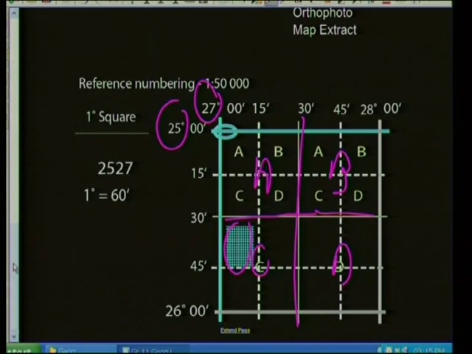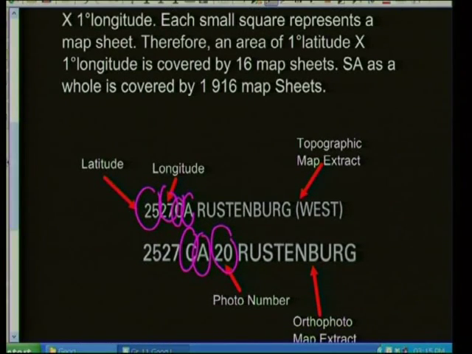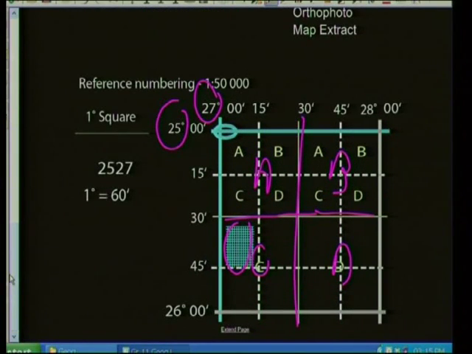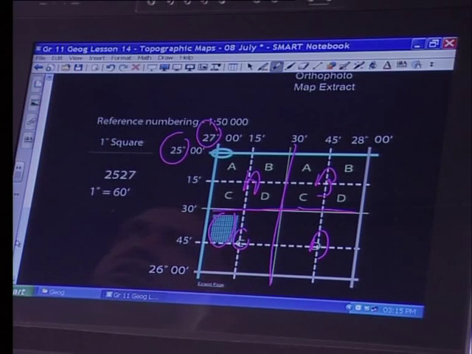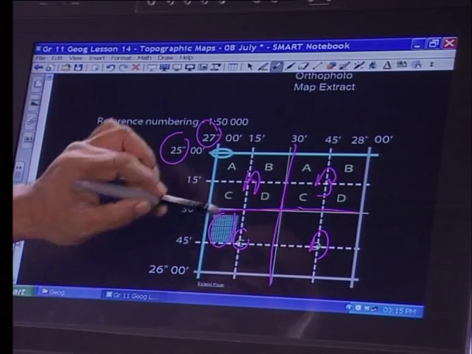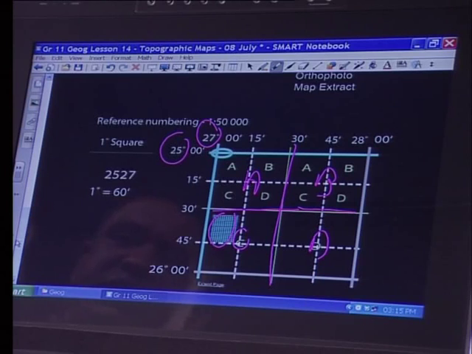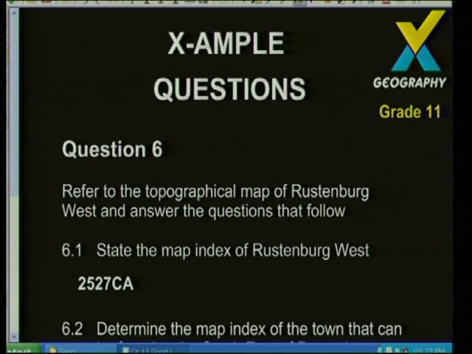And that's how we got 25, 27 CA. 25 latitude, 27 longitude, like a normal map on the corner. And then we move on to big block C, and then small block A. Okay, let's look at the sample questions on map index or map code.